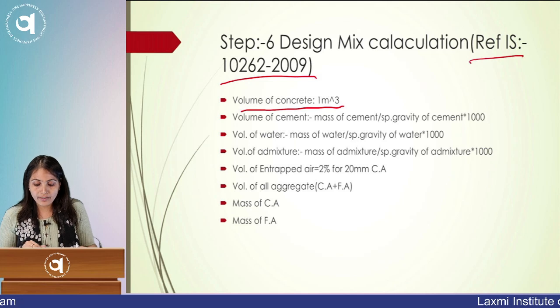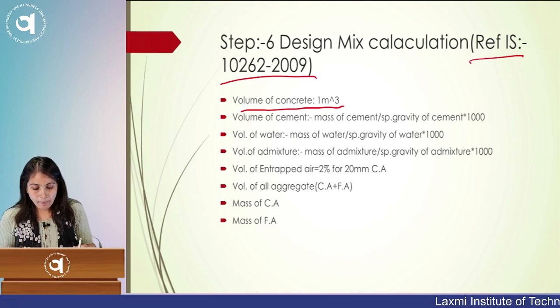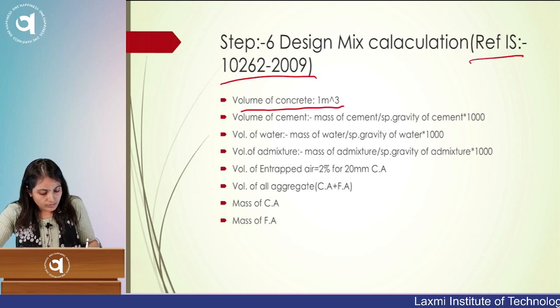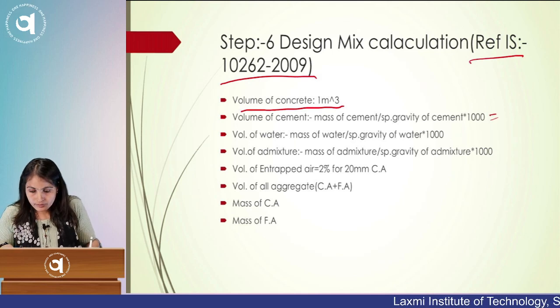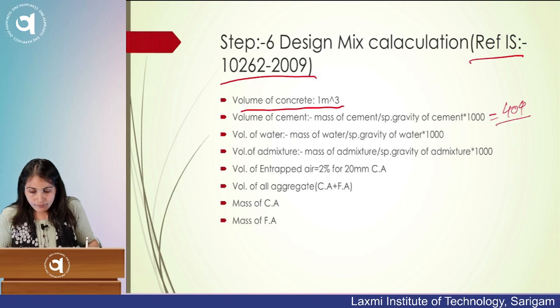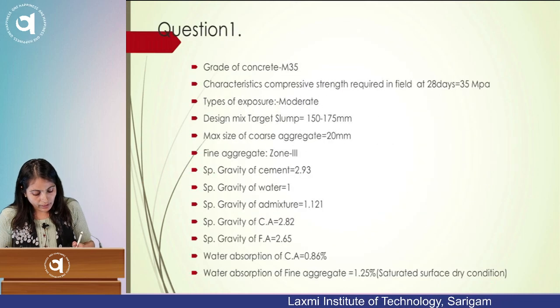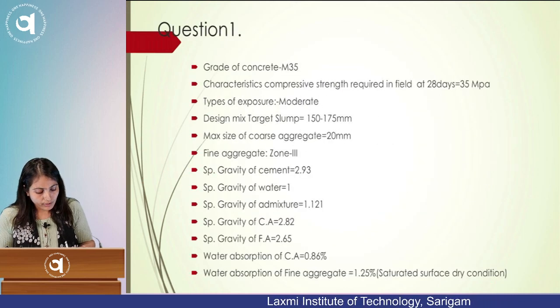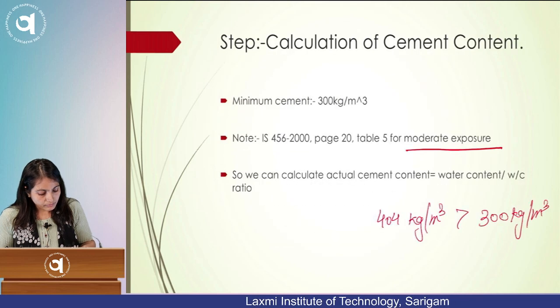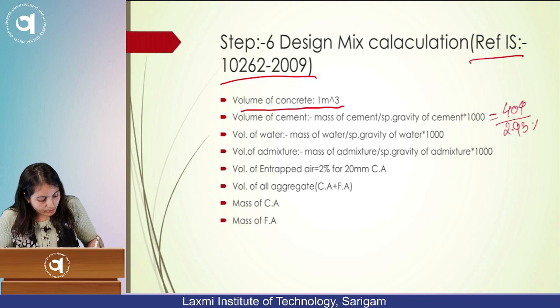As I have calculated earlier, your mass of cement is 404. Your specific gravity of cement you have in the question, 2.93, into 1000.